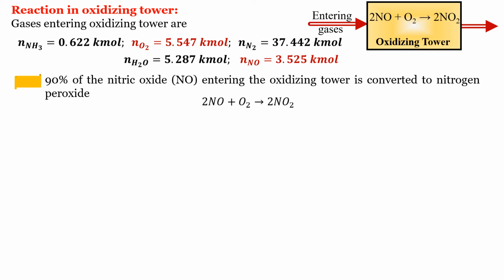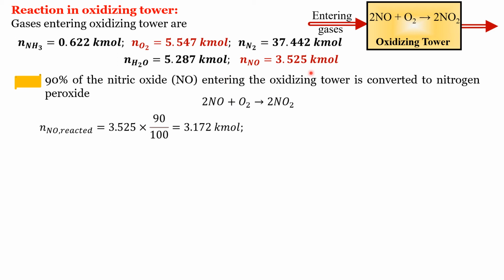So we will rewrite the equation, then further we will write the amount of NO reacted, because out of these gases entering the oxidizing tower only NO and O2 will react, and only 90% of NO is reacting, or we can say it's oxidizing.